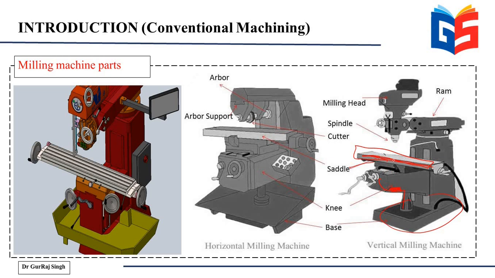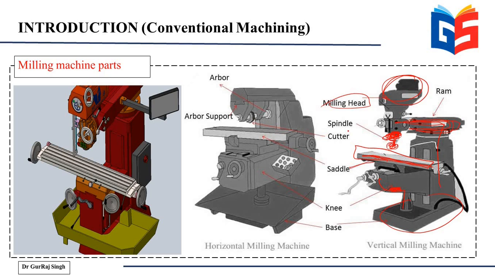And now when I come to the tooling part, it is this ram that has the power source for this milling machine, and it is holding the tool on the spindle head, and the milling head usually contains the motor that is used to drive this spindle and then give the rotation force to the milling cutter.